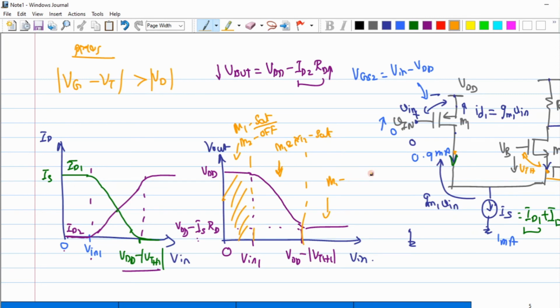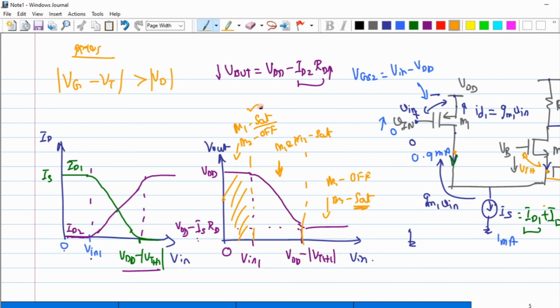So M1 cannot be in saturation. Okay, M1 is off, and M2? So what is happening to my ID2? ID2 is, okay. So we are not pretty much clear about these regions over here.